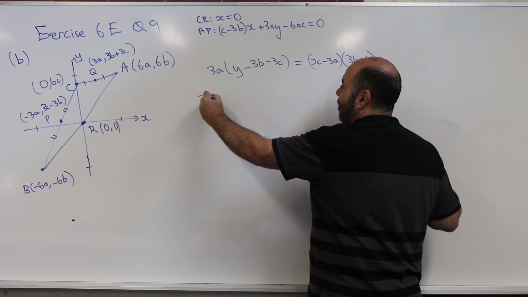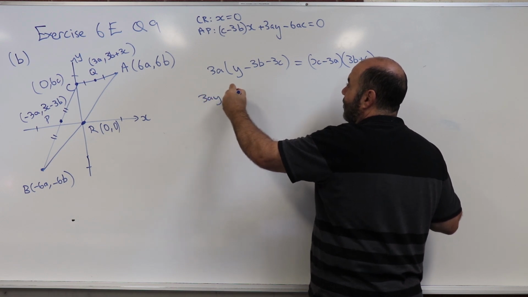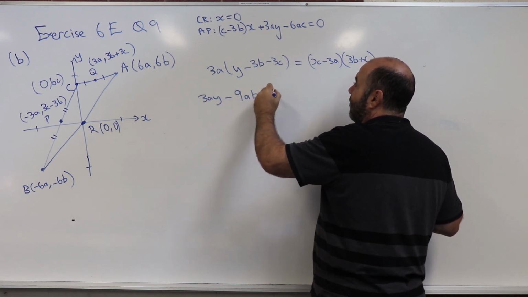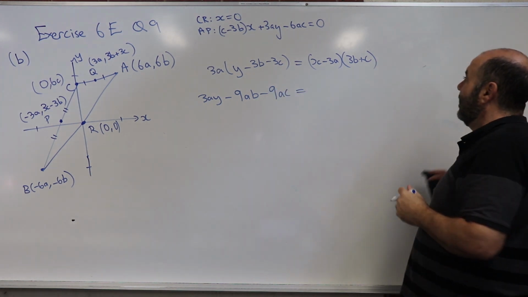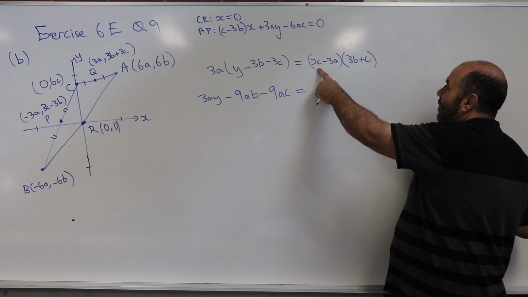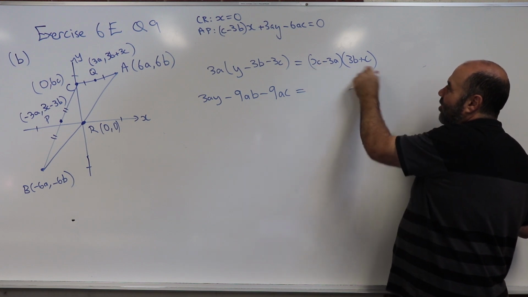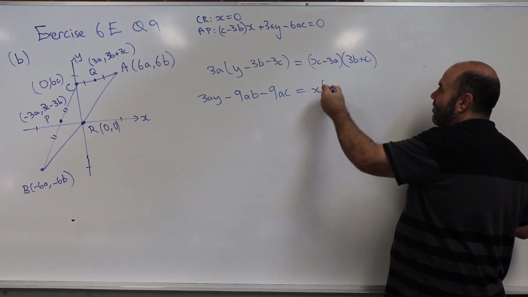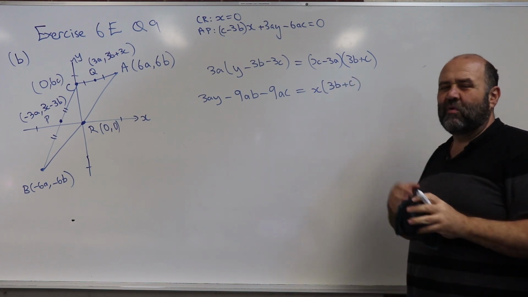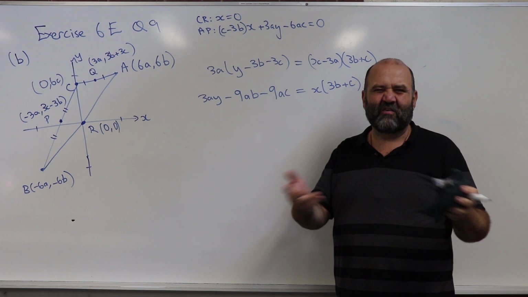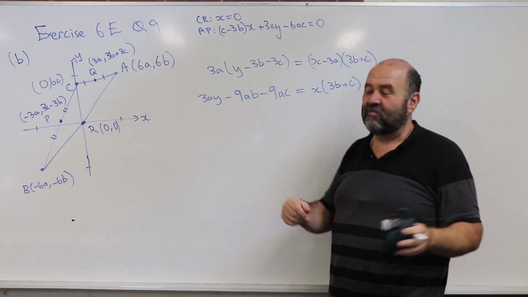So 3ay minus 9ab minus 9ac equals, well look, x is going to multiply that whole bracket, so I'm just going to write that as x times that whole bracket, 3b plus c. Otherwise I'll be expanding and then factorising again like I did last time. I don't need to go through the pain.